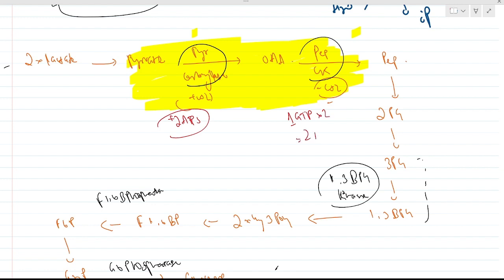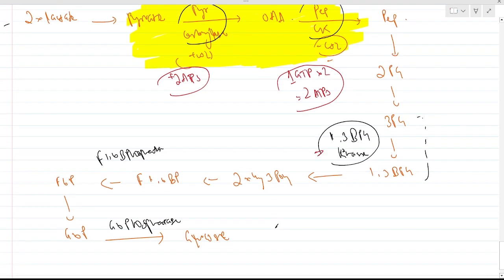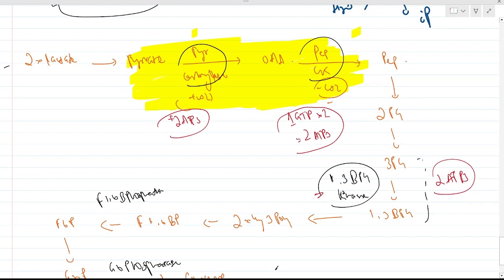So 2 ATPs are further produced here. And finally this kinase enzyme, here also 2 ATPs are produced. I have said 2 ATPs are produced, but in reality 2 ATPs are not produced here.